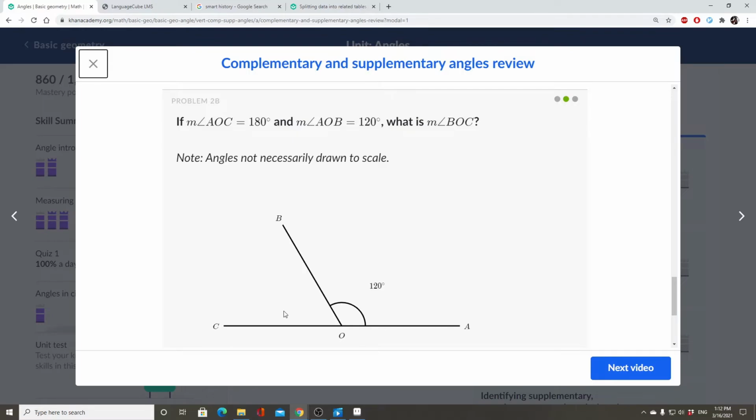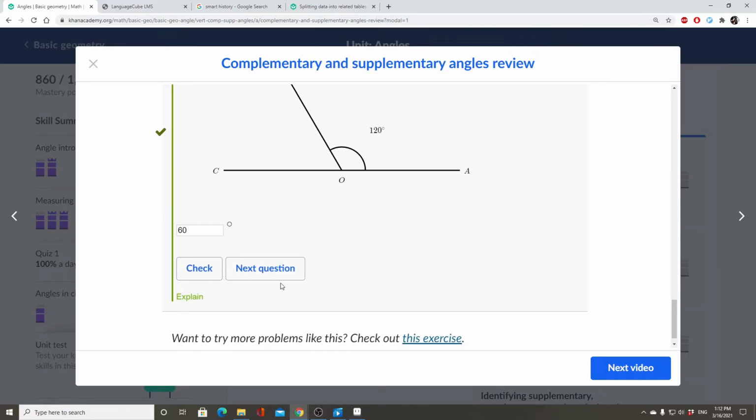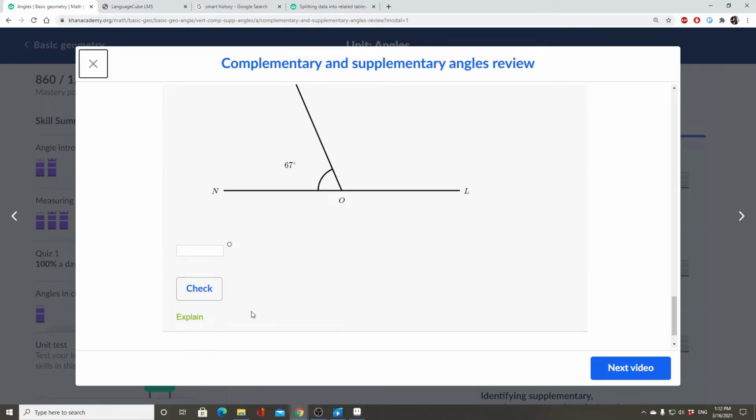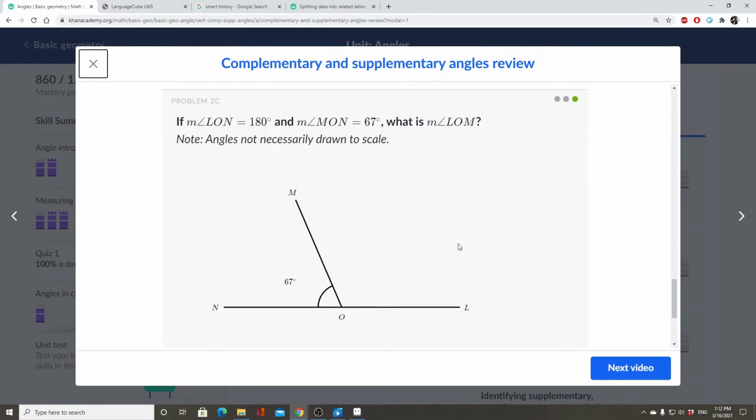So that's 180 minus 120, which is 60 degrees, I guess, right? 60. Yeah, nice. Feeling pretty good about that. Again, these are very basic calculations, but I had a really hard time with that stuff before I did the arithmetic section, so it's nice. It feels good to be able to just do that naturally.